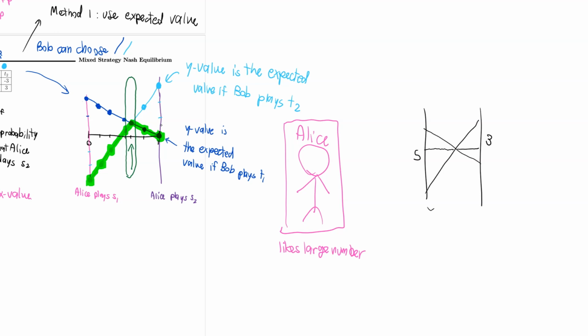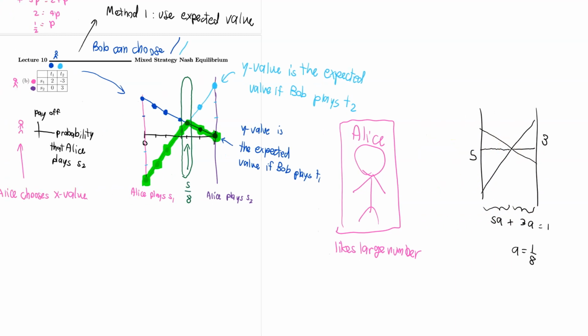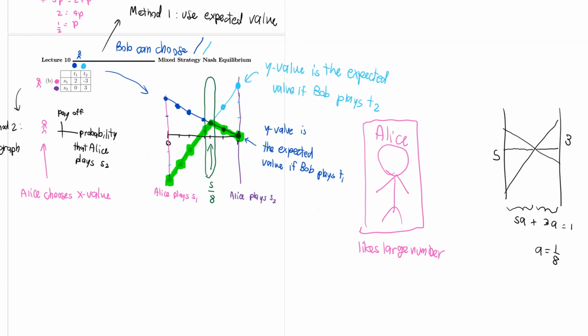So if this is 5a, this is going to be 3a. But because this whole thing is 1, 5a plus 3a is going to equal 1. So that means a is going to be 1/8. So what that means is at this value, the x value is going to be just 5/8. So in the end, the x value should be 5/8.